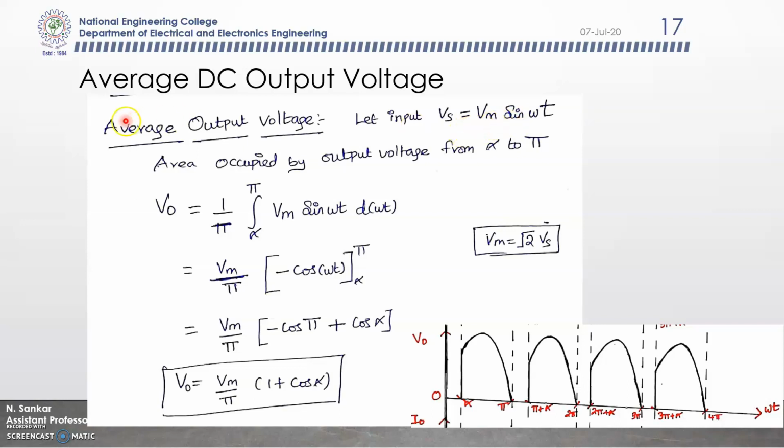Before that, what is average voltage? Average voltage is nothing but the area occupied by the waveform divided by the total time period. Here the area occupied by the waveform is the area from angle alpha to angle pi, that is this one. Just a minute.